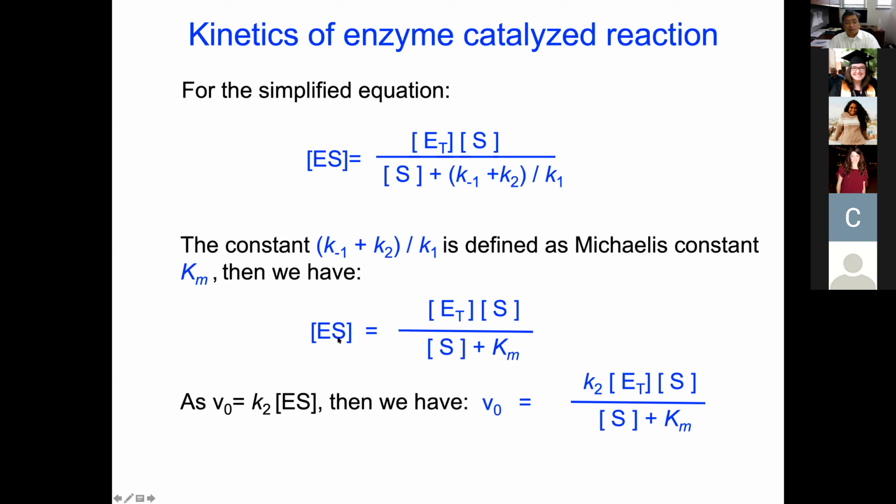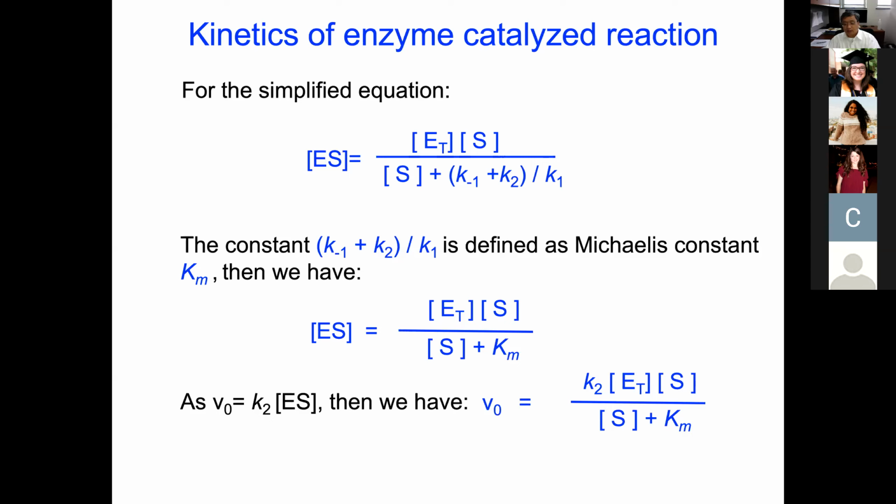And then we have this much simplified version of the equation, which is ES equals ET multiplied by substrate concentration over substrate concentration plus Km. So now we put this ES into the equation V naught equals K2 times ES, and then we have a description of the velocity of the enzyme catalyzed reaction as a function of substrate concentration.